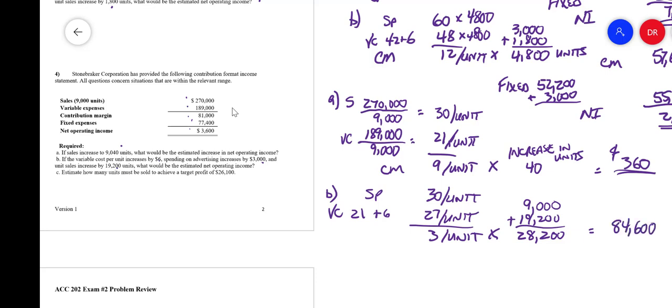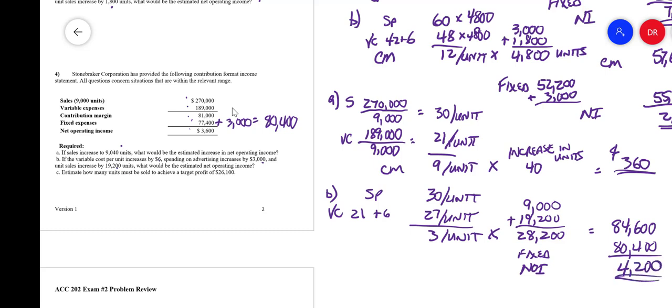Okay. And then we're going to have fixed expenses here of 77,000 plus 3,000. When we add those together, we get 80,400. So we have 80,400 and a net operating income of 4,200.